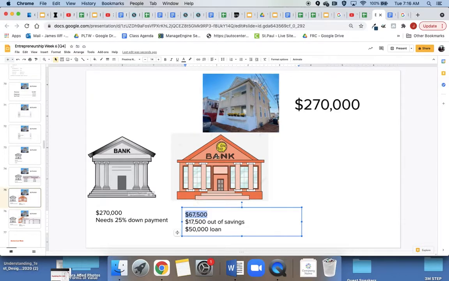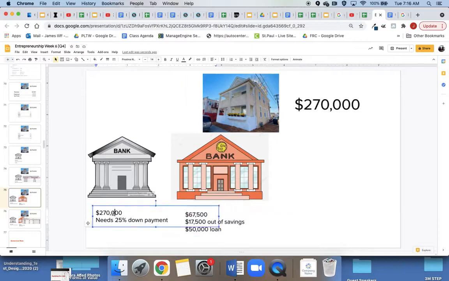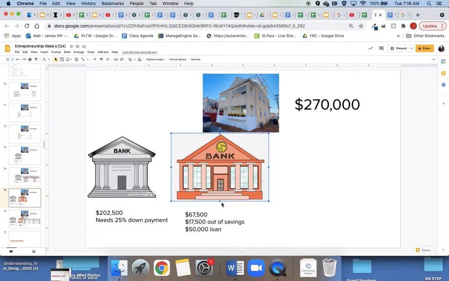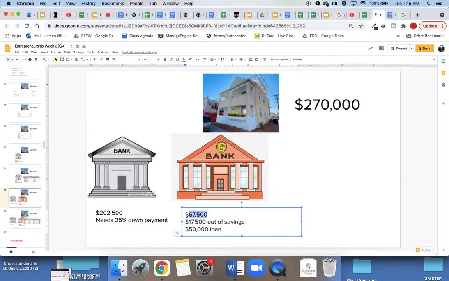You're going to have to go to a different bank. So here's bank one. We borrowed $202,000. Well, here's bank two, and we may need to borrow some money from them to pay this down payment to bank one. So this is going to be a second mortgage that we take out.